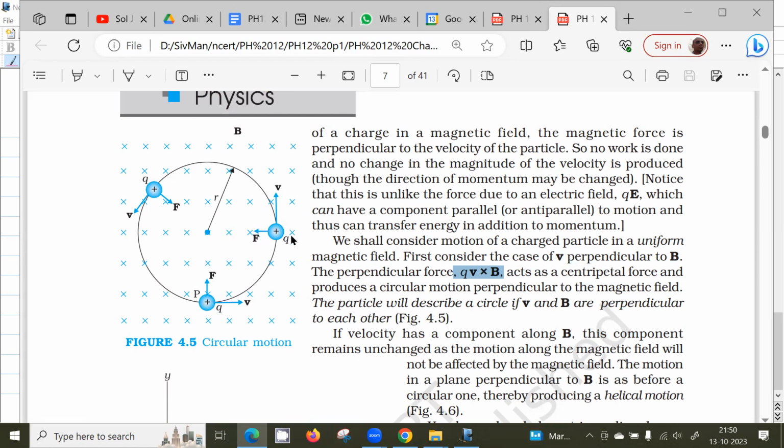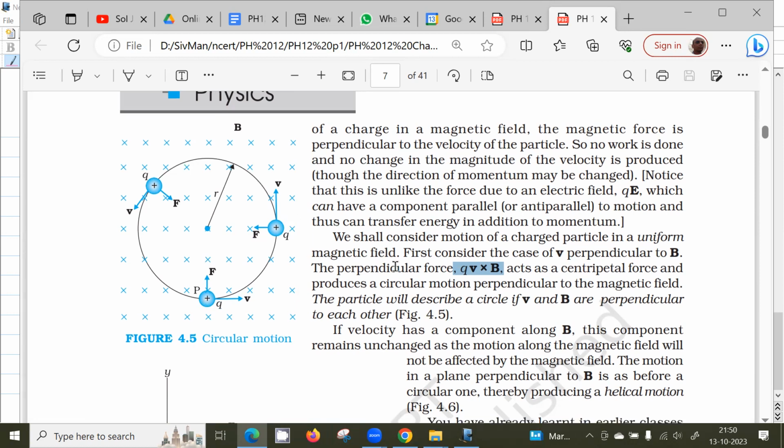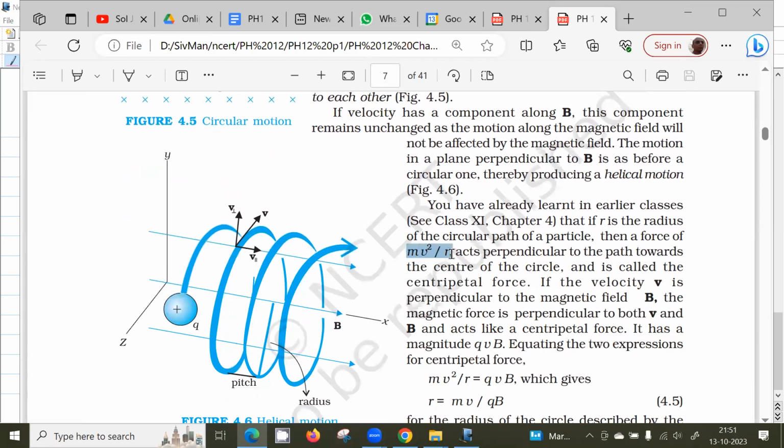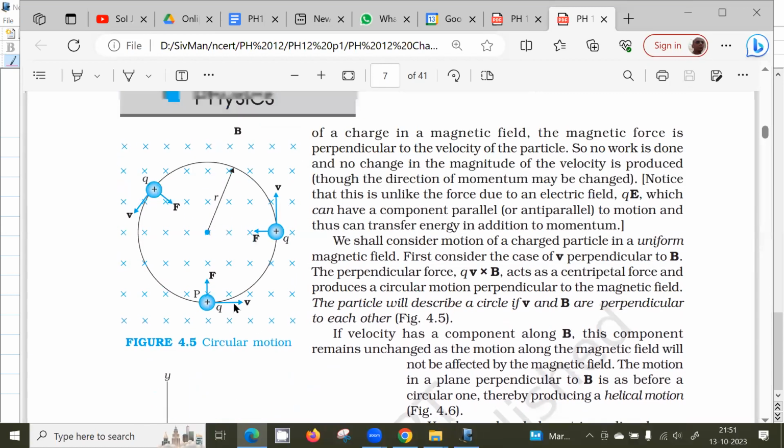So the force acting on this charge is qv cross B. That is the only force, which will create an acceleration towards the center, which is mass times centripetal acceleration, mv square by r. So these two forces will be in balance. qv cross B is the same as q v B, because the angle between v and B is 90 degrees, as B is perpendicular to this plane.